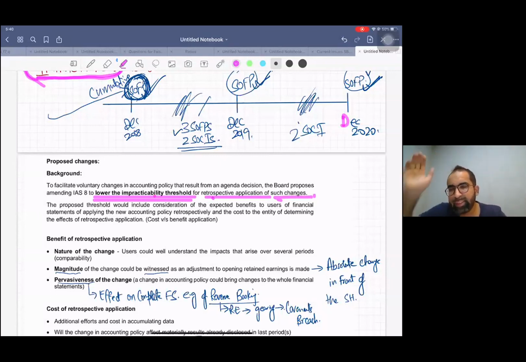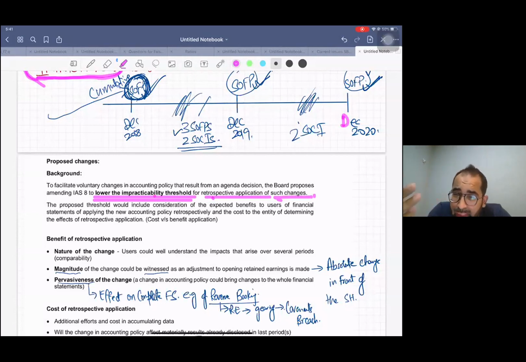Now one more question. Sir, why now in 2020 is the board planning to give relaxation on this standard? Look at the reason. You can see that in the last 5 years or 10 years, there are a lot of new accounting standards, and because of them there are new treatments, and new treatments take over the existing treatments.